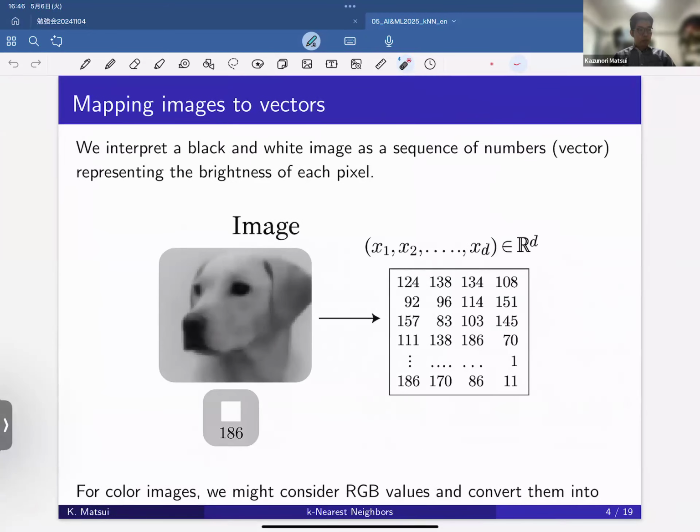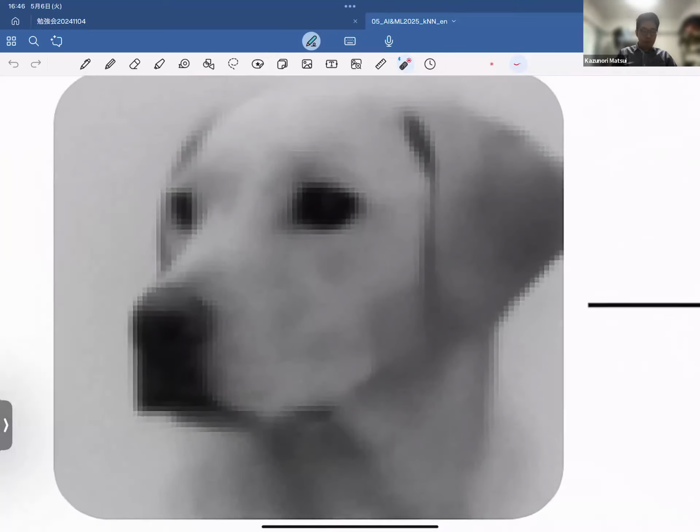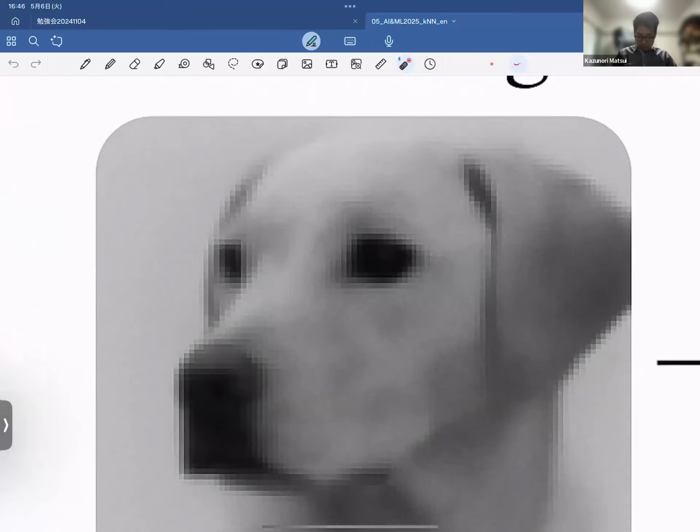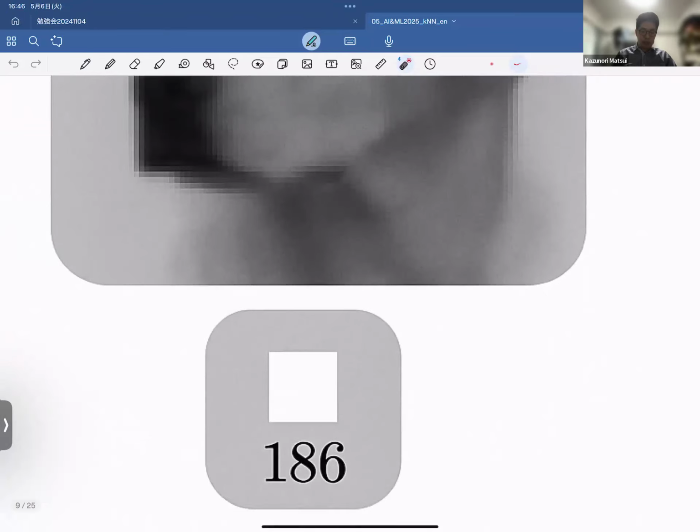Specifically, we look closely at a black and white image. It appears like a mosaic. In the case of a black and white image, the mosaic is represented in grayscale from white to black, and we assign a number to represent the brightness.